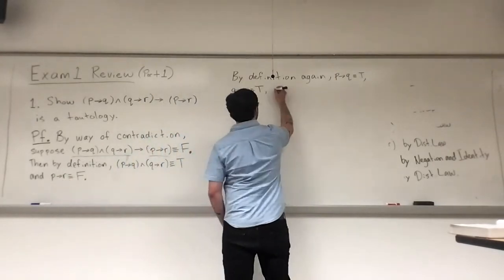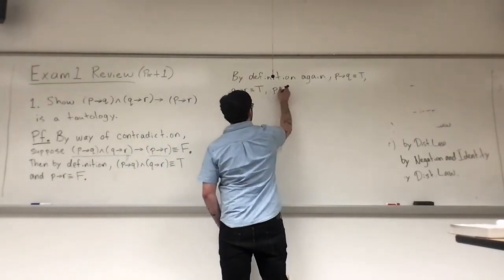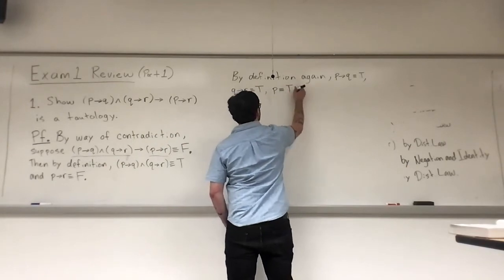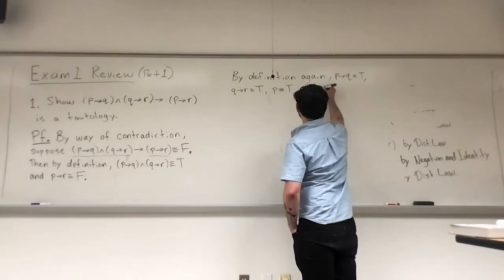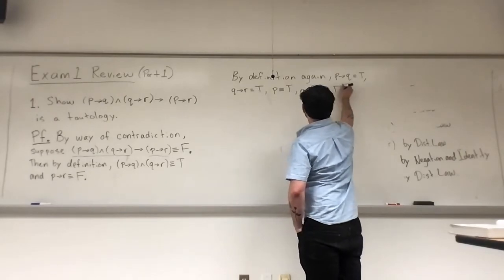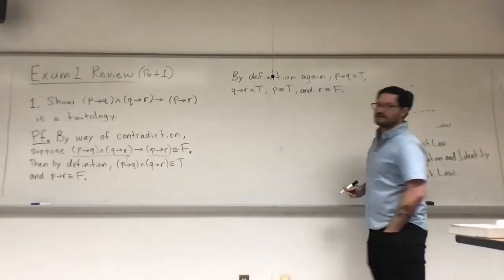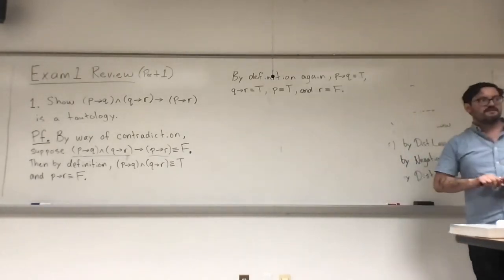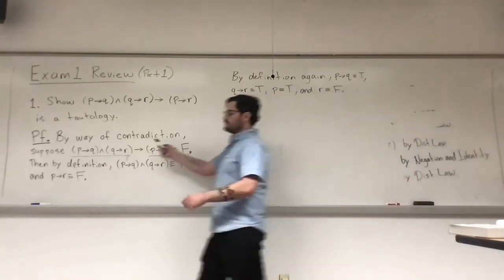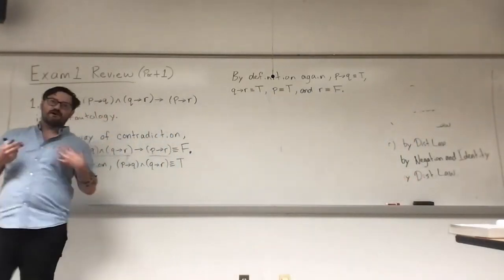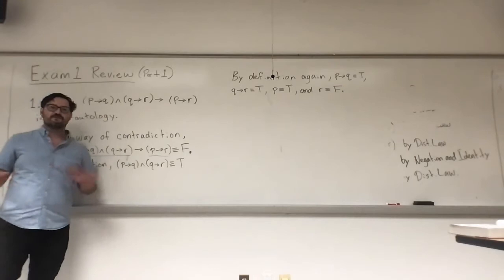And this is only false when the hypothesis is true and the conclusion is false, right? So we know that P must be true, and R must be false. We have a bunch of information. I feel like I'm getting somewhere. And again, we're doing this by contradiction, so we're hoping to find a problem, like something is both true and false at the same time.